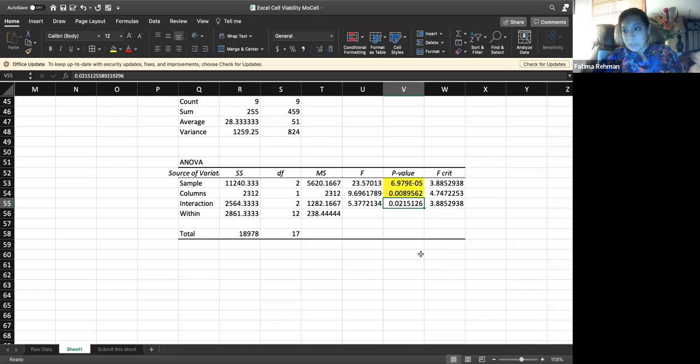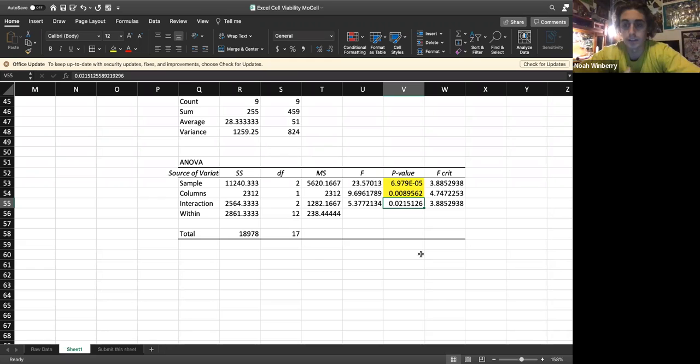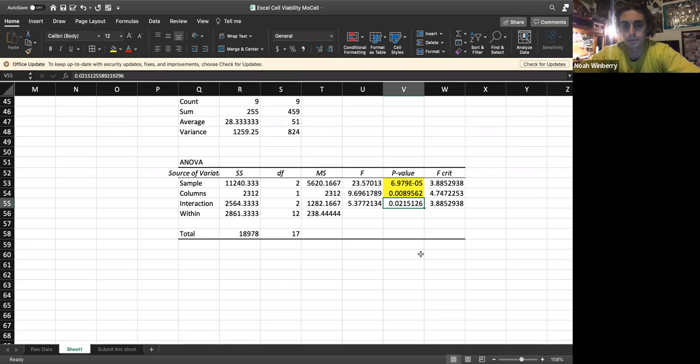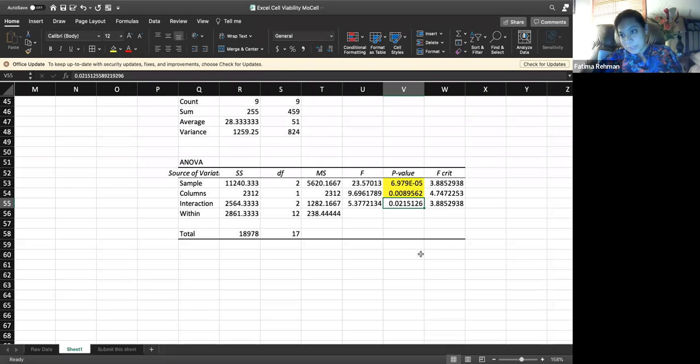So if Taxol killed the cells and black mulberry killed the cells, then you wouldn't expect any significant difference, and that's what you would see. If Taxol killed the cells at 50% and black mulberry killed it at 20%, you would expect to see a difference here. Or if Taxol killed the cells and black mulberry grew the cells, then you wouldn't expect to see a difference either.